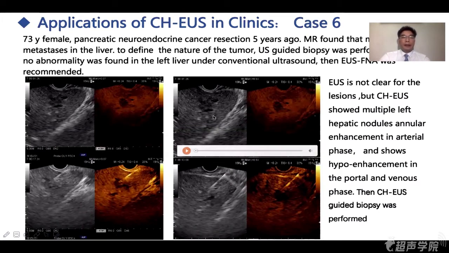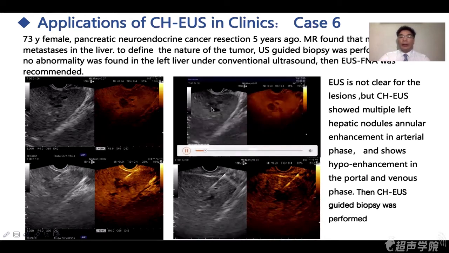Case 6. A 73-year-old female, pancreatic neuroendocrine cancer resection 5 years ago. MR found liver metastasis. To define the nature of the tumor, US-guided biopsy was performed, but no abnormality was found in the left liver under conventional ultrasound. Then EUS-FNA was recommended.